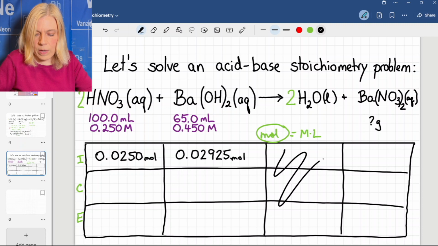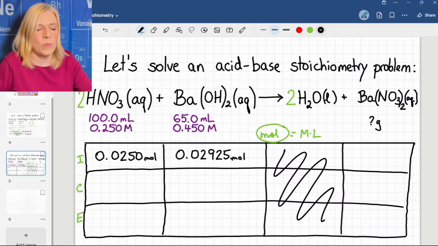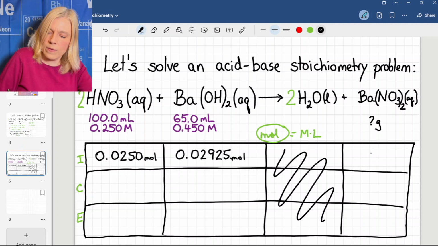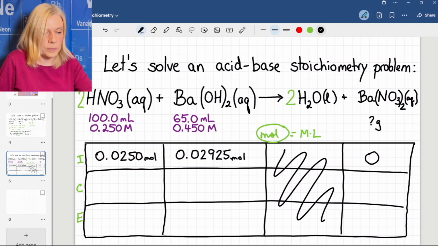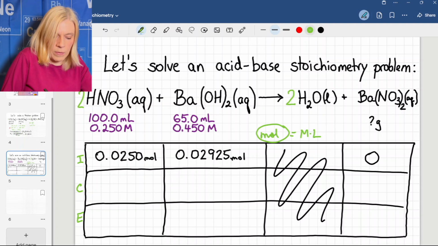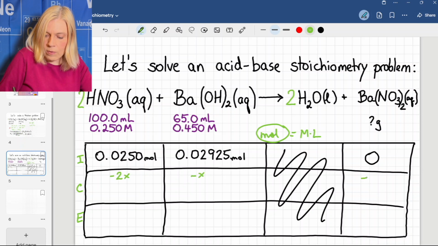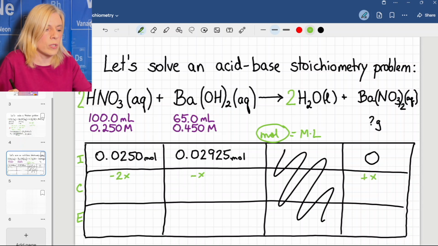Water, we don't care about, there's no concentration of water, right? And we will have 0 salt at the beginning. Now, keep in mind, there's a 2-to-1 ratio. So for every 2 moles of my acid that I use up, I'm going to use 1 mole of base, and I will make 1 mole of my salt. I'm just using stoichiometry numbers.